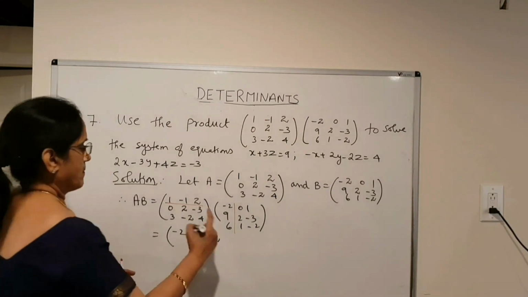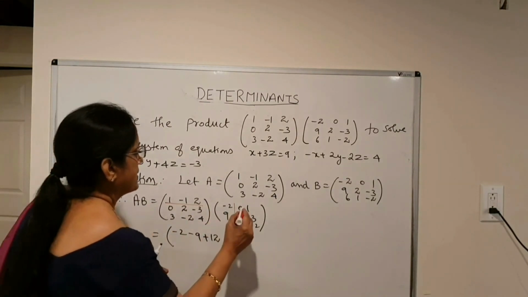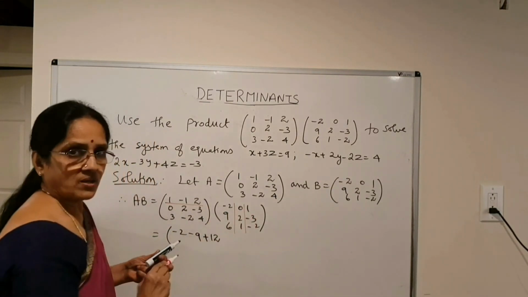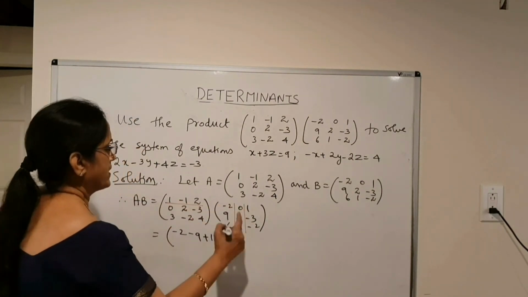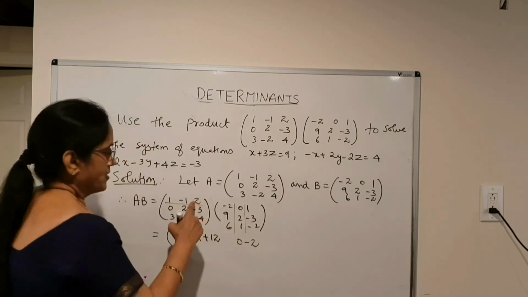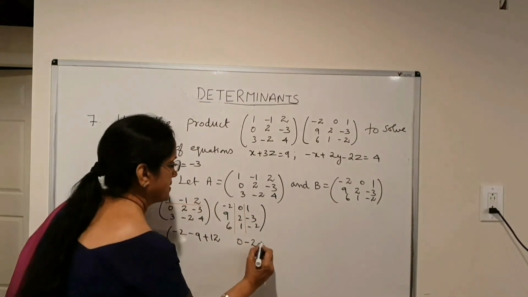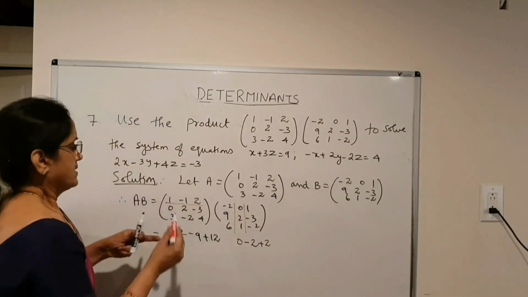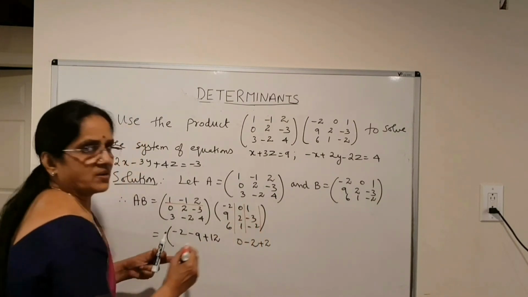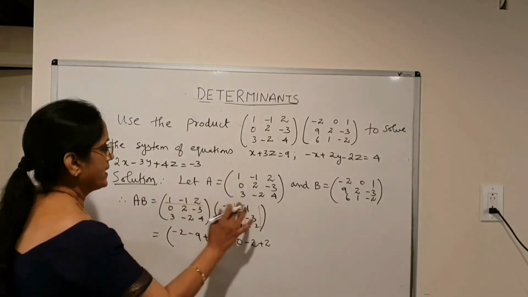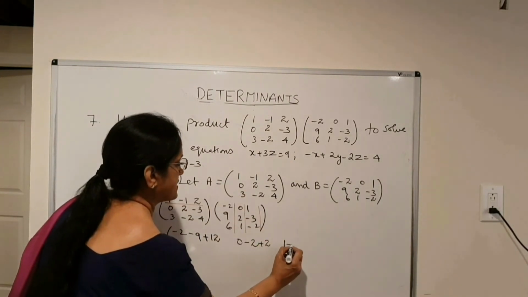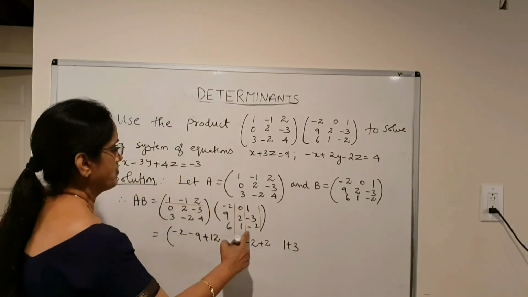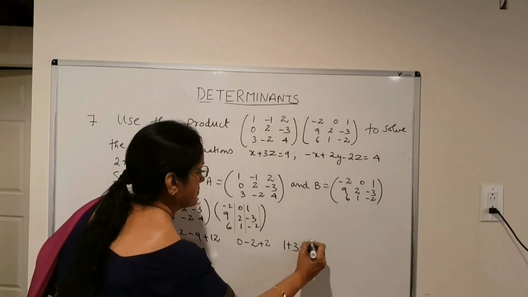Then first row, second column, that will give me 1 into 0, 0, minus 1 into 2, minus 2, 2 into 1, plus 2. Then first row, third column, that will give me 1 into 1, 1, minus 1 into minus 3 will become plus 3, 2 into minus 2, minus 4.